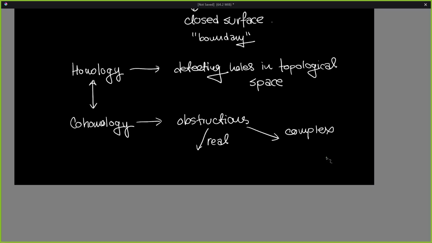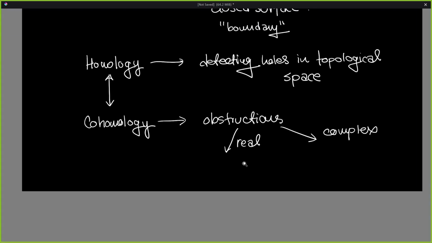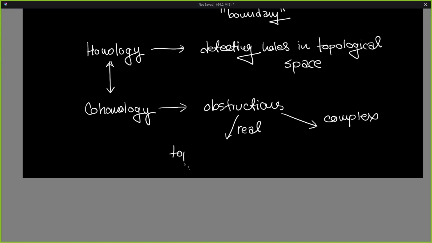The other thing is that the real case has a simpler interpretation for what it's detecting rather than the complex case. So in the real case, we find something called a topological obstruction.